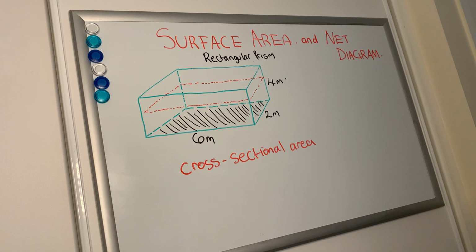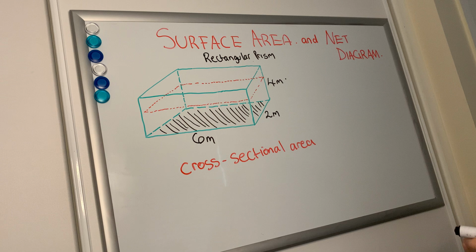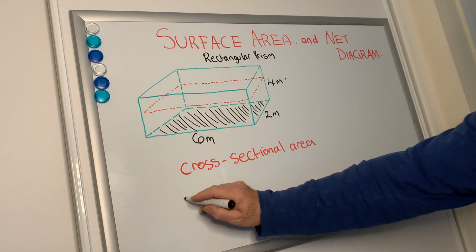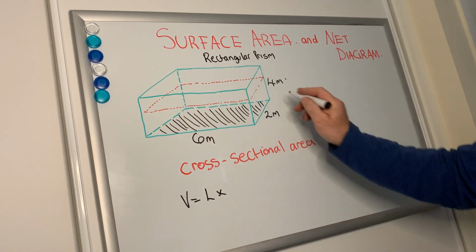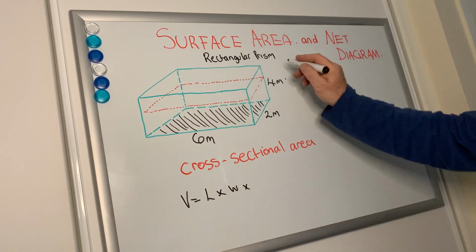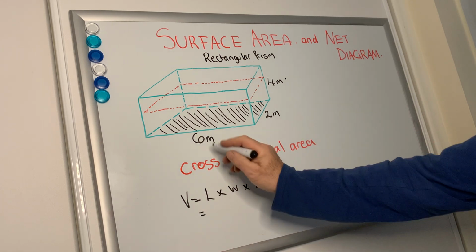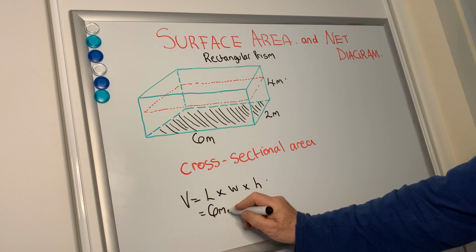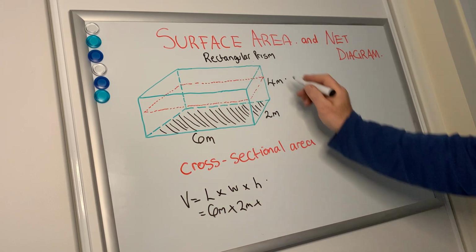And what we also noted was that this is a rectangular prism. Now we can say that the volume is equal to the length times the width times the height. That will give us our volume. In other words, our length is 6 meters times our width of 2 meters times our height of 4 meters.